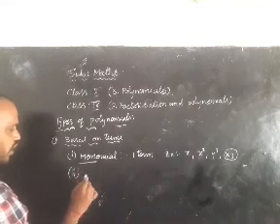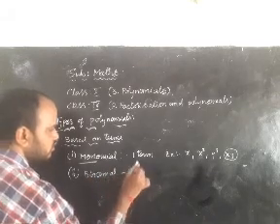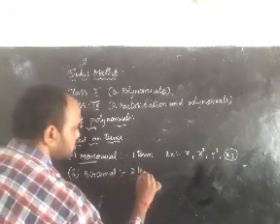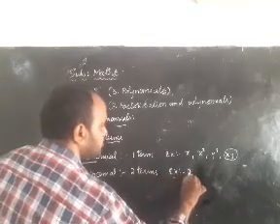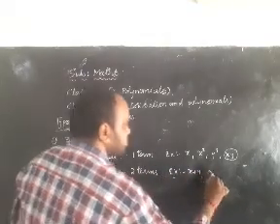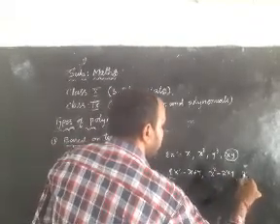Second one, binomial: two terms, like x plus y, x square plus 2xy, x minus 3.